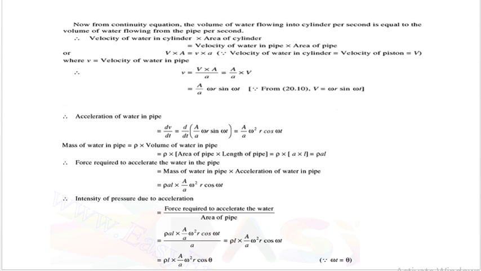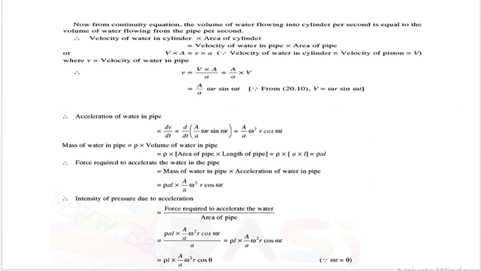Now what will be the value of pressure due to this acceleration, or accelerative force? If we have the value of force, we can easily calculate the intensity of pressure. Pressure is equal to force upon area. The value of force is rho a L, capital A by small a, omega square R cos omega t, and the area of the pipe is small a.